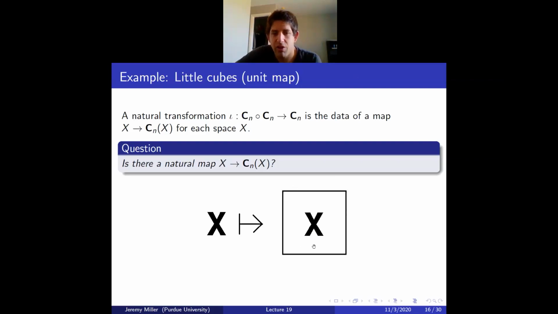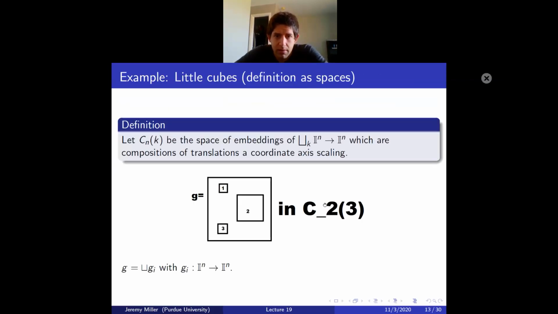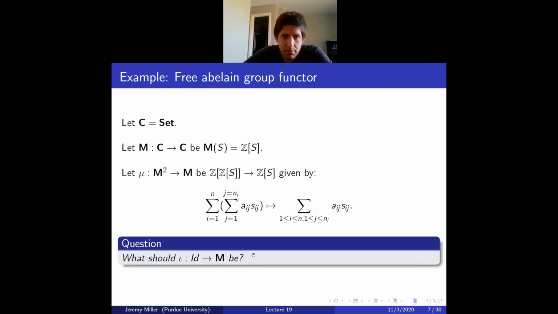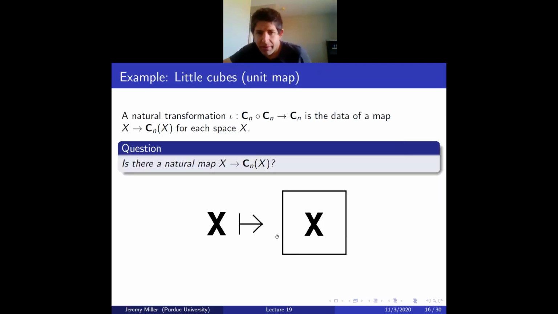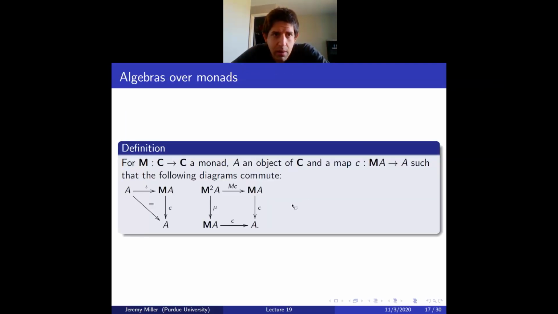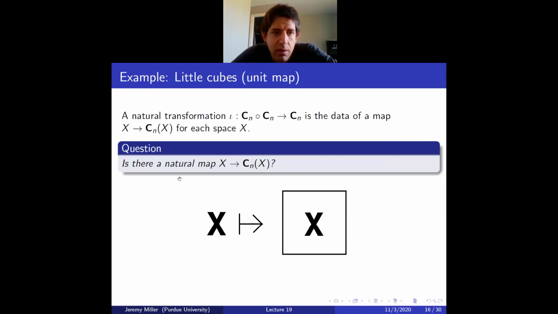So it should be a cube labeled... it should be a little cube and a big cube, but you can just take the identity map, so the biggest cube possible, and then you label that with X. So this is the analog: here, we said take some element in S and send it to 1 times S. You should maybe think of this big cube as 1, and this is like 1 times X. And then you can check that these operations are associative, and that this is a unit.